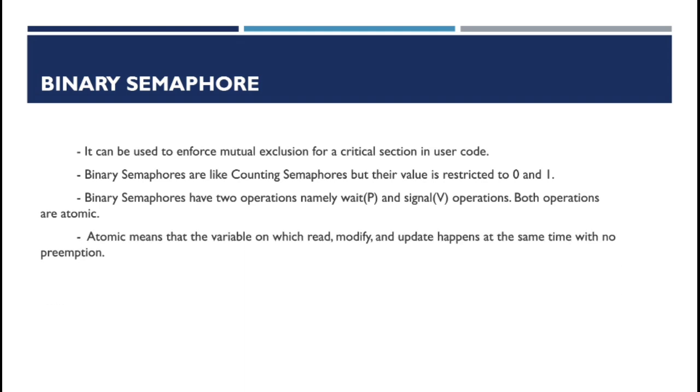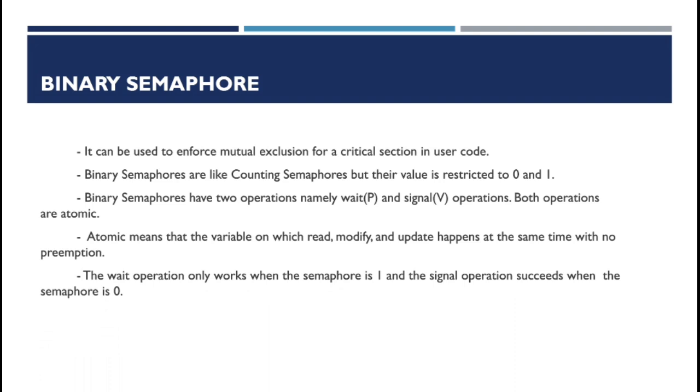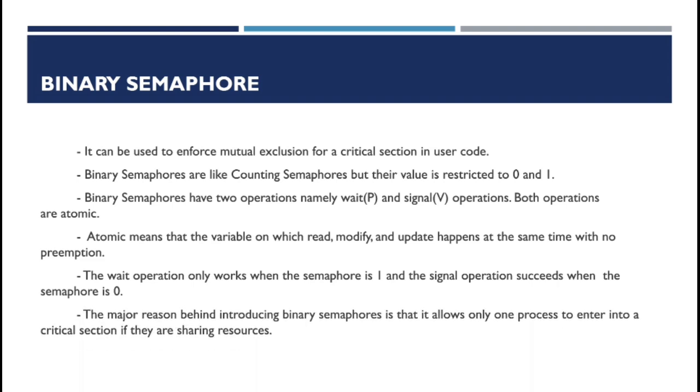Atomic means that the variables we modify and update change at the same time with no preemption. The wait operation only works when the semaphore is 1, and the signal operation succeeds when the semaphore is 0. The major reason behind introducing the binary semaphore is that it allows only one process to enter a critical section if they are sharing resources.